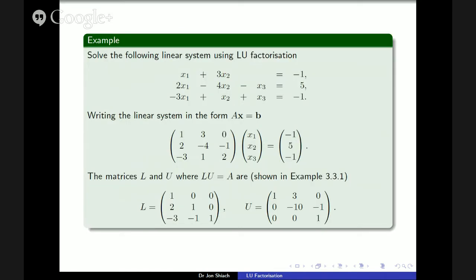Right, so this is an example in the notes. A 3x3 system. And you've actually already done the LU factorization of this. This was from a previous example, and this is what we got. So we've already done the LU factorization.